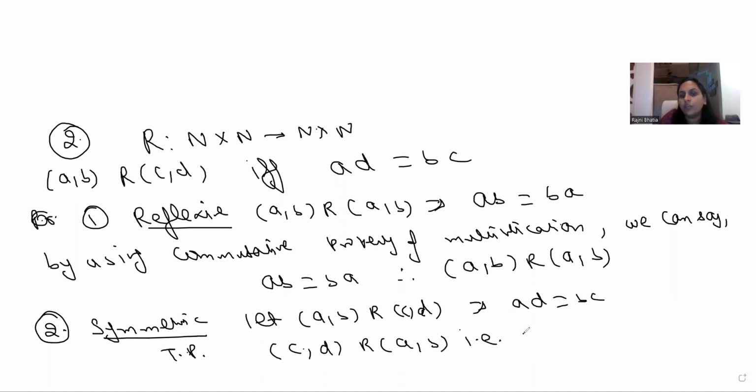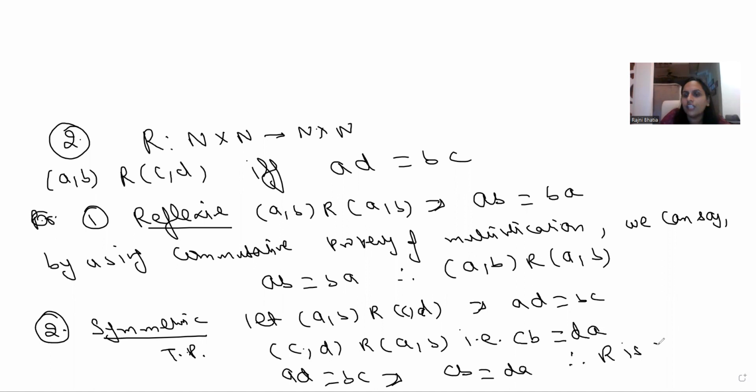We need to prove that the product of the first and the last term CB is equal to the product of the middle two terms, which is by default true. So we can say AD is equal to BC implies that CB is equal to DA. Therefore, our relation R is symmetric. Now we'll move to the third part, which is transitive.